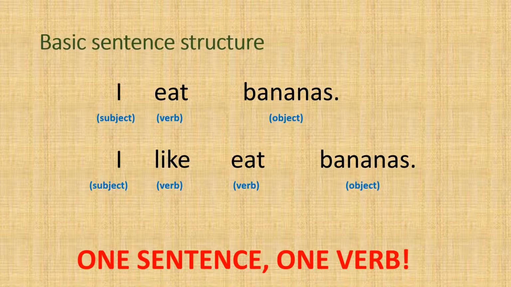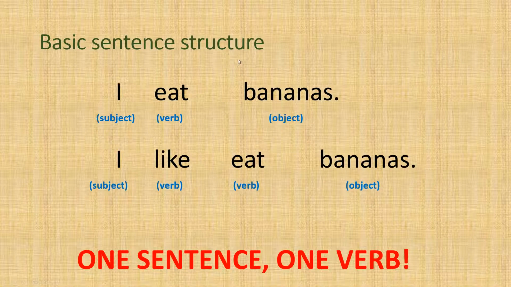Now let's take a very quick revision about some basic sentence structure. Take a look at this slide. I eat bananas. So this is a very basic form of sentence structure. We have subject, we have verb, and objects.